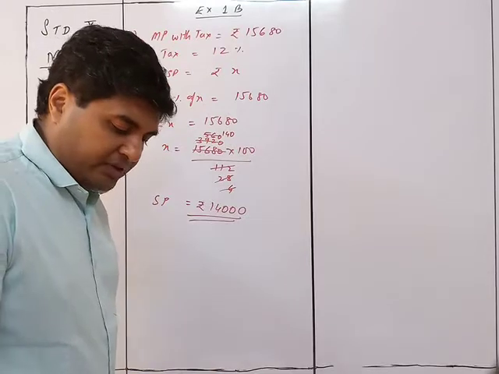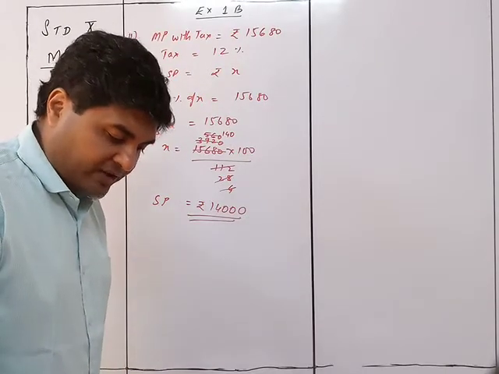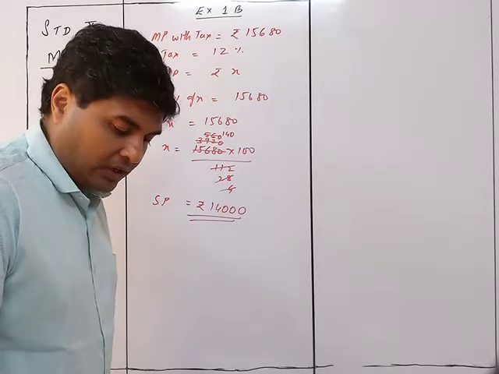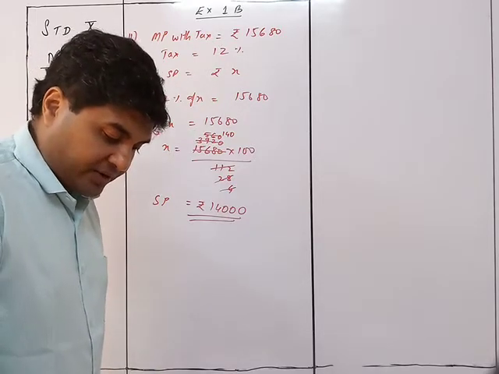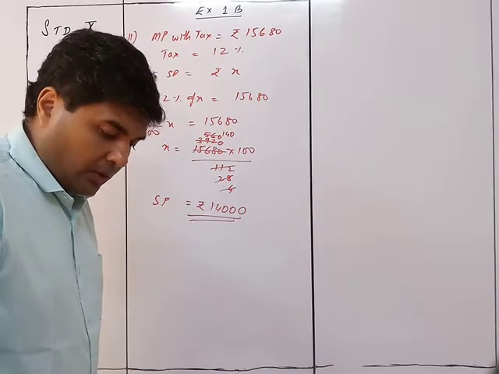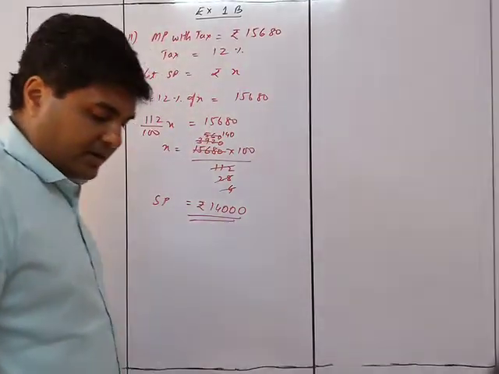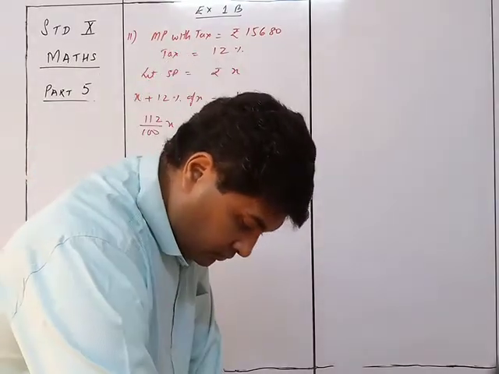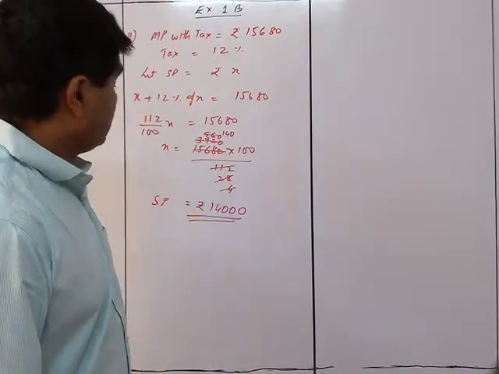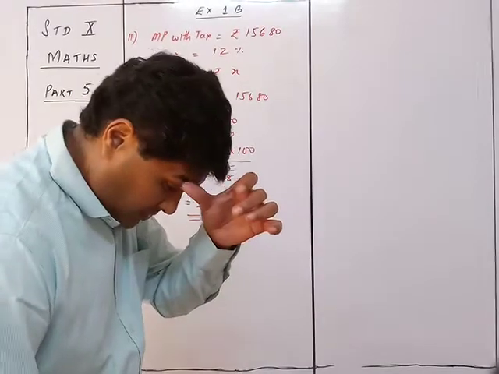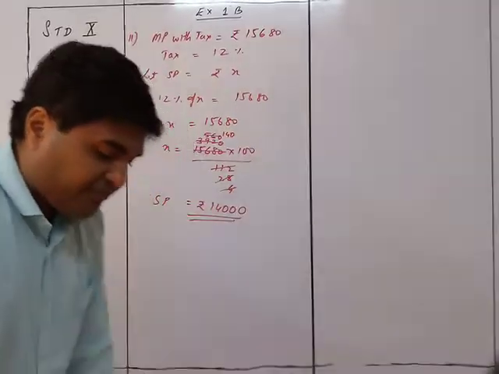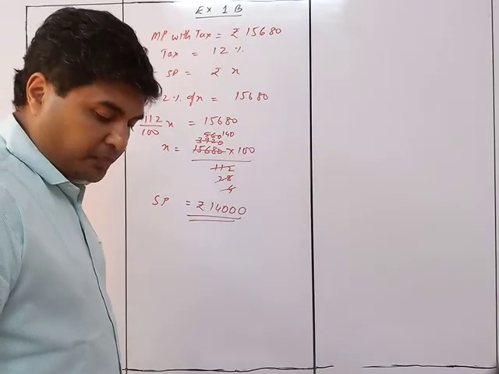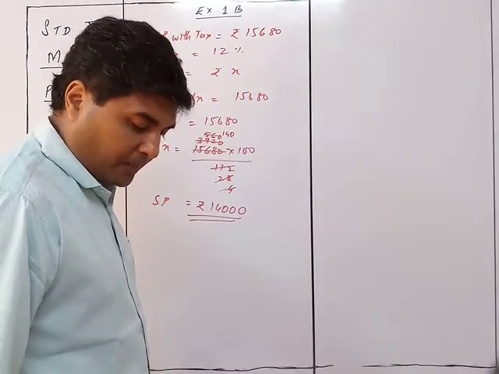Gagan, a customer of this refrigerator, asked the trader to reduce the marked price of the refrigerator to such an extent that its reduced price plus GST on it is equal to the marked price of the refrigerator.